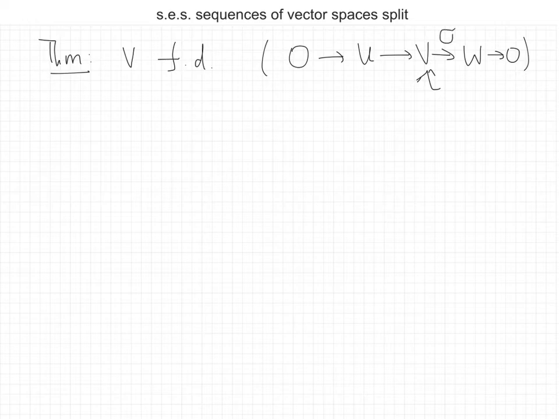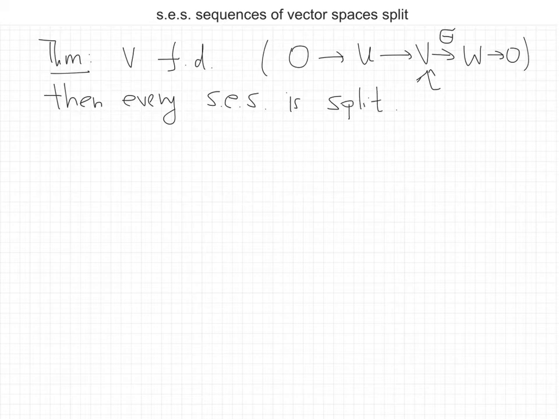So let's still call that linear map sigma here. So if V is finite dimensional, then every short exact sequence with V in the middle, that's what that actually means, is split. So you find that linear map with that condition, and you will see in a second what that has to do with direct sums.